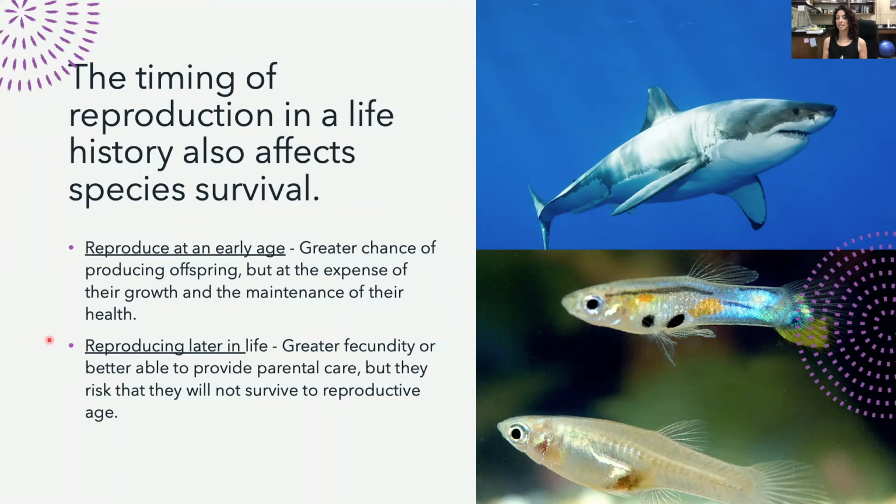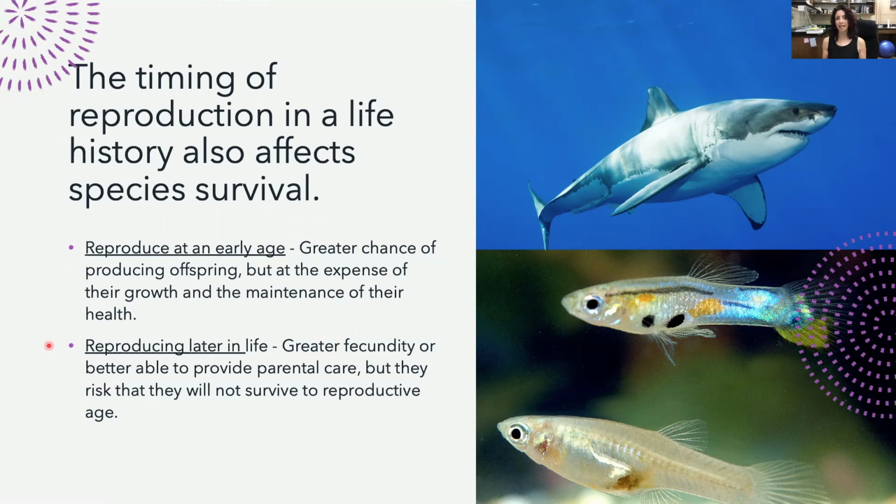By contrast, an organism that reproduces later in life has greater fecundity or is better able to provide parental care, but they risk that they will not survive to that reproduction age.